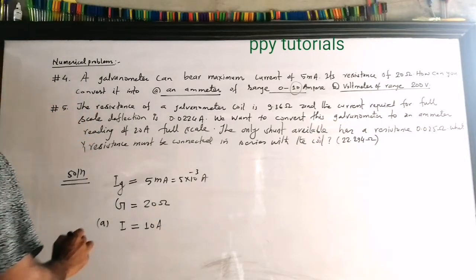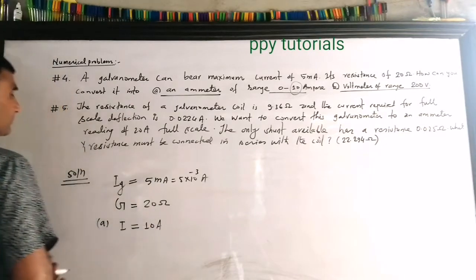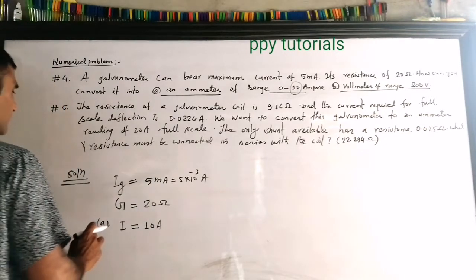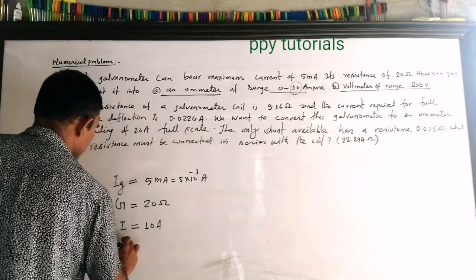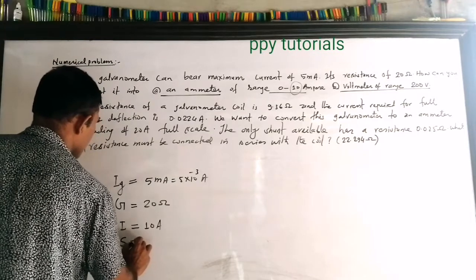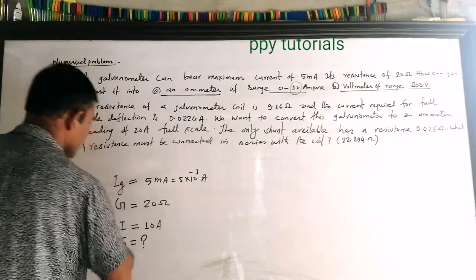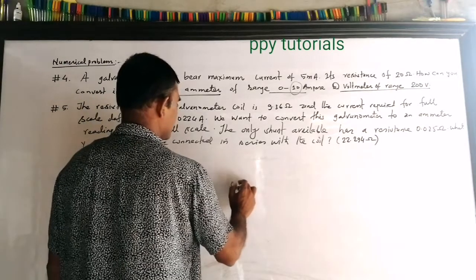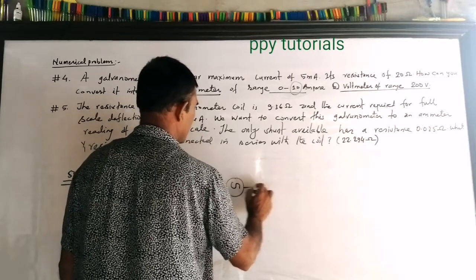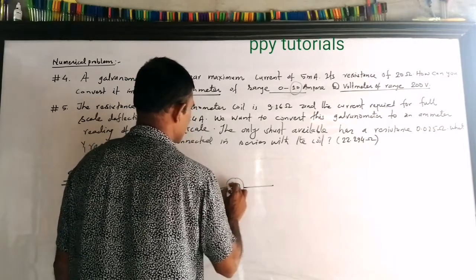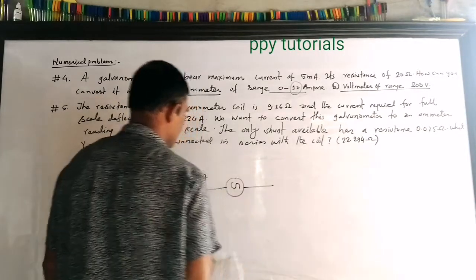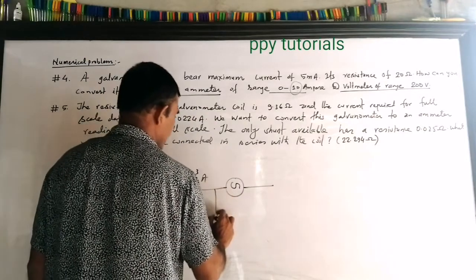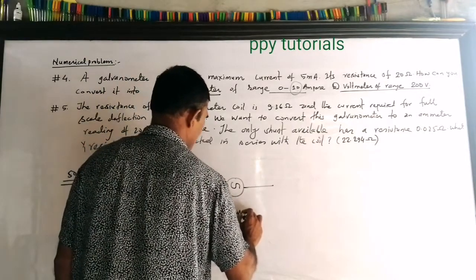Okay, so if I is 10 ampere, next we have to find what resistance, which we call shunt, should be connected in parallel with that galvanometer. So let's see, this is your galvanometer. This is the symbol for galvanometer, resistance G I have denoted inside this symbol, and I have to connect one shunt resistance parallel to this.